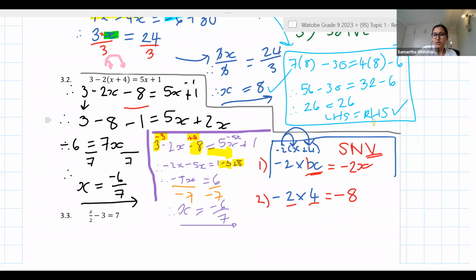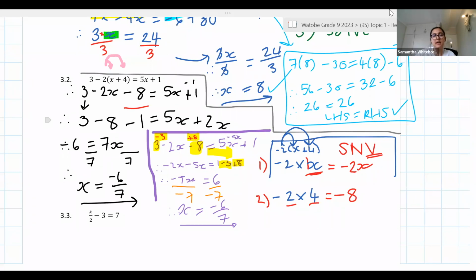Becky, do you have a question? Ma'am, afternoon, ma'am. My question is, when you do the inverting, do the constants always have to come to the right-hand side? They don't have to.